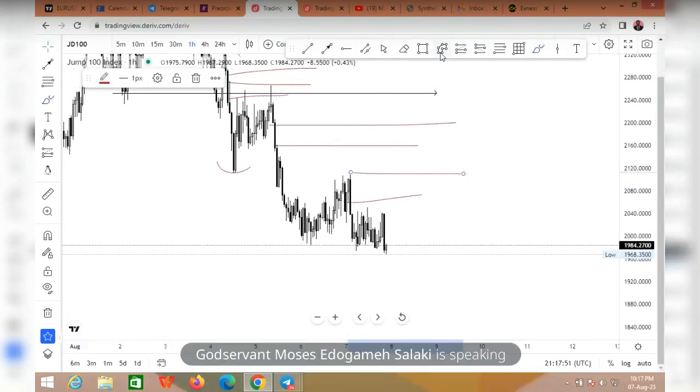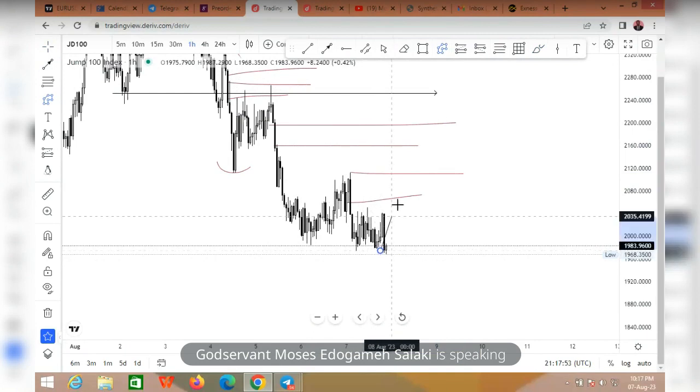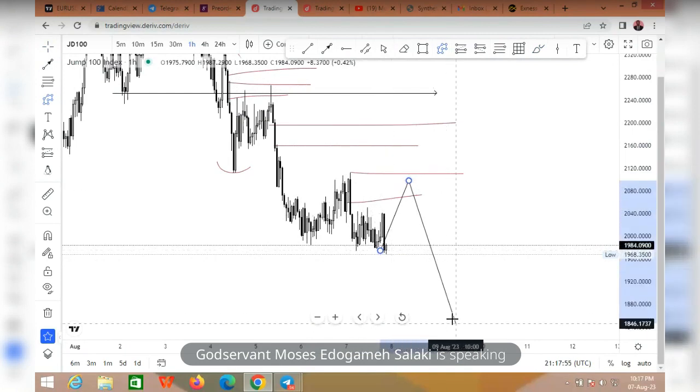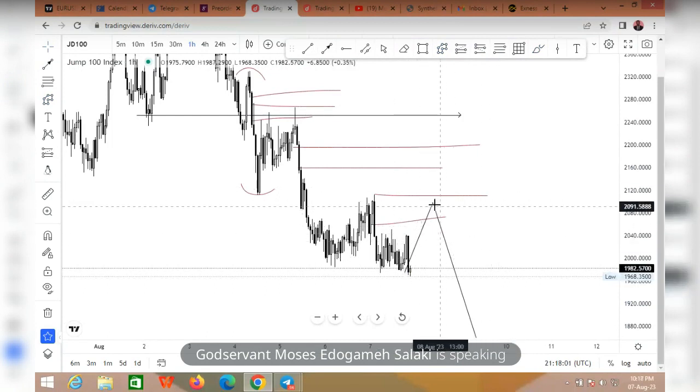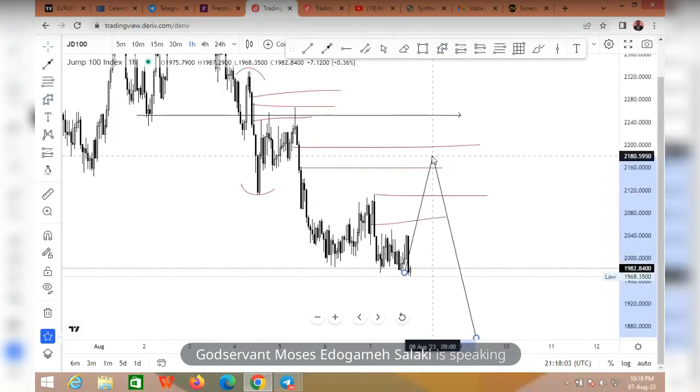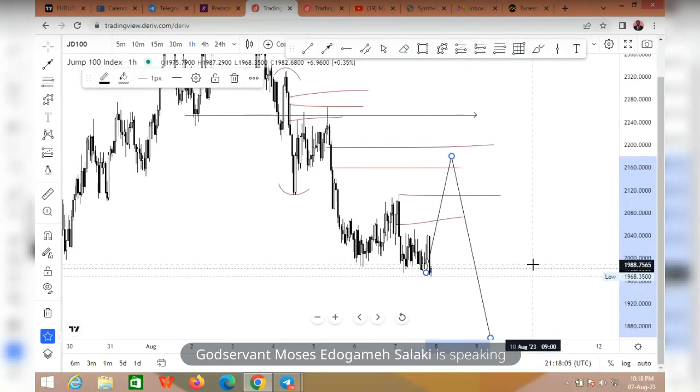So hopefully on the 1 hour, price will come here and then we go down. That's the 1 hour structure. If price should break here, then price will come to this other IPA. That's how to play the 1 hour structure.